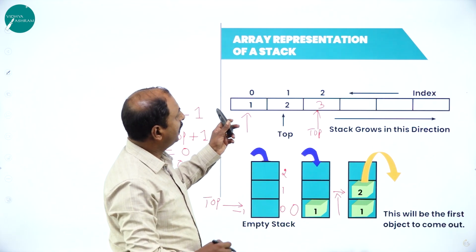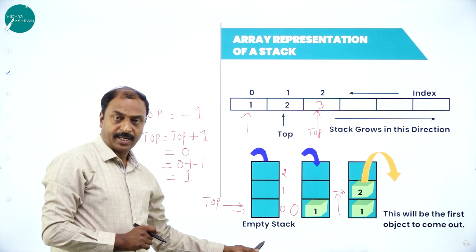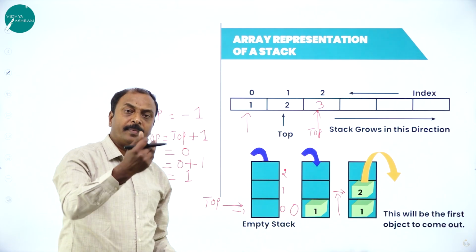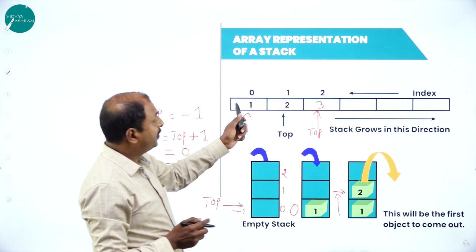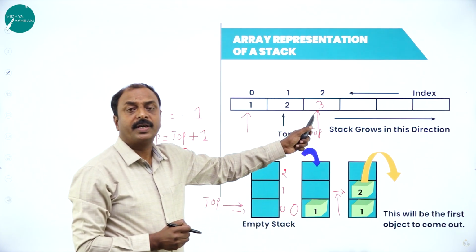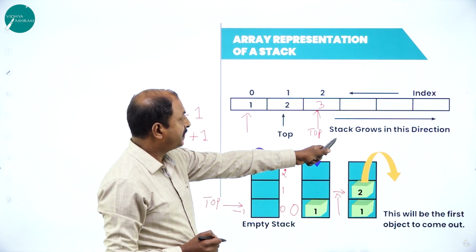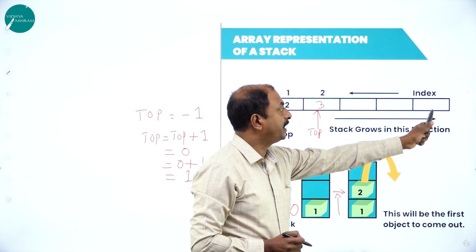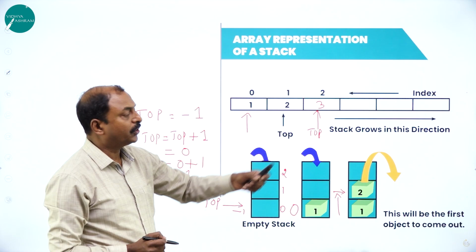So at the beginning, top equals -1, it's an empty stack. And we have to keep on incrementing the value of the top pointer by 1. Then that is the place where we can insert a new data item. That is why we say the stack is growing in this direction. That is the meaning of the stack is growing.